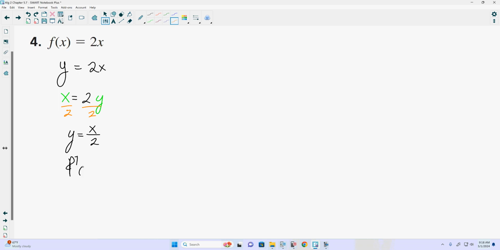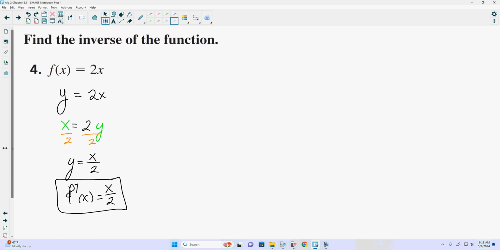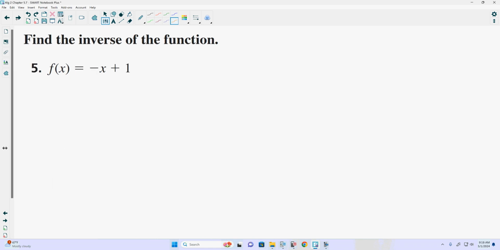Our f inverse of x is x over 2. Questions on these here? We ready for the next one? I have a feeling for the most part we feel comfortable with these here, yes?